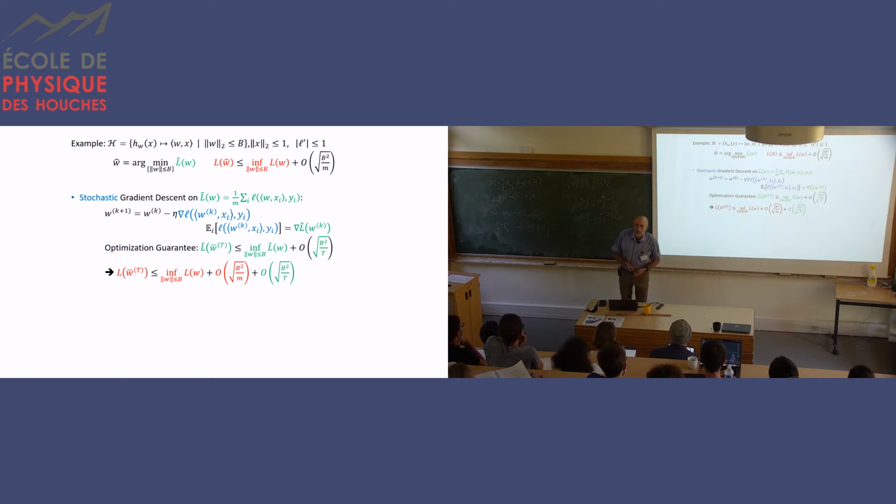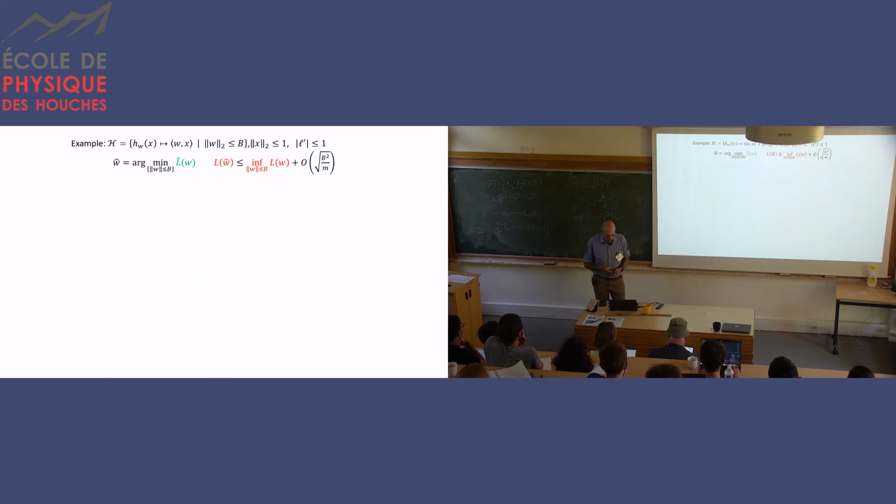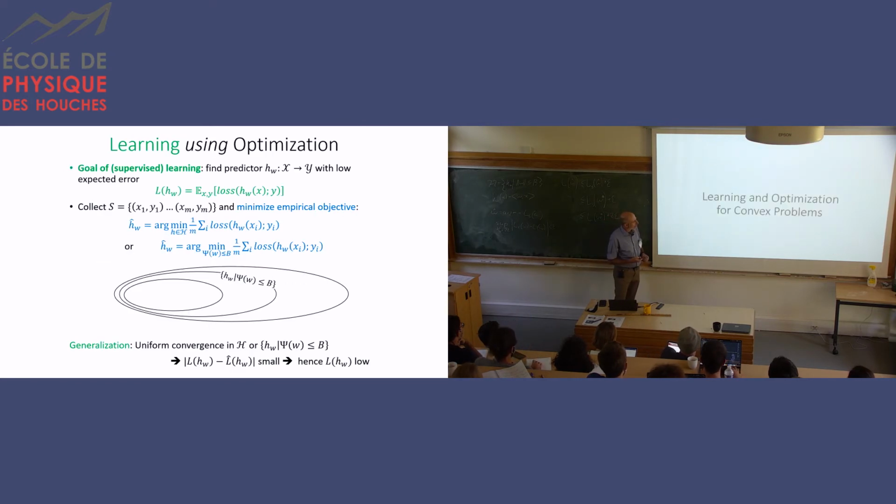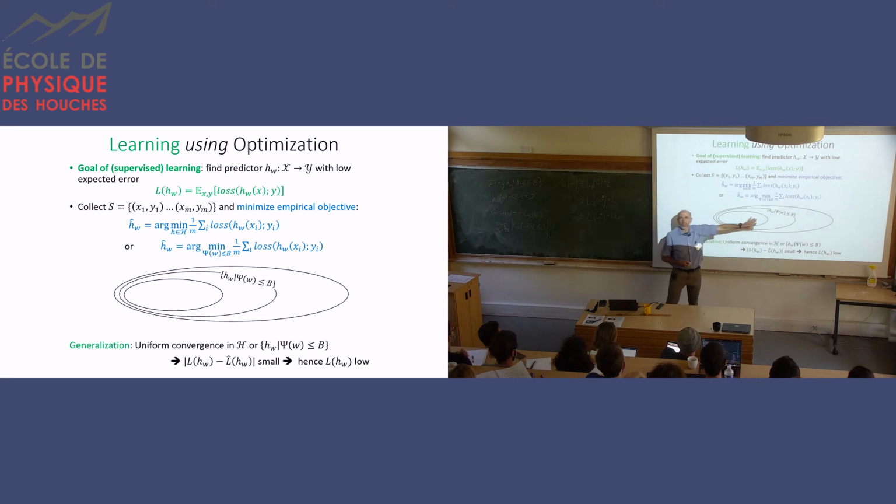If we look at the view we took last time, when we restrict to some sublevel set, we want to have small capacity, and the way we use small capacity is to get this uniform convergence guarantee. And then using uniform convergence, we said that minimizing the empirical error within that sublevel set is close to minimizing the population error, plus a term that would depend on the capacity. So that's the standard argument.